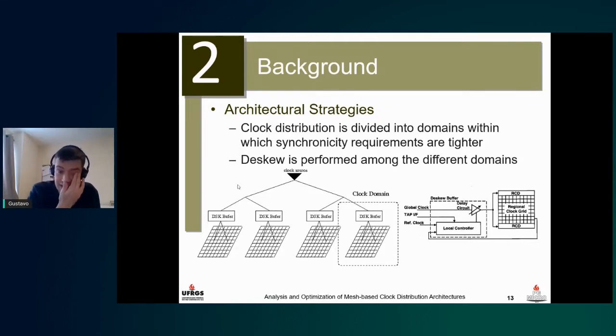So those techniques can actually be all combined together. And when we do that, we usually break down the clock distribution network into different stages. At a higher level, we have the global clock distribution that would contain some carefully designed clock tree that tends to be very robust to noise, and will deliver the clock to each one of the blocks in our design. Inside each one of our blocks, our IPs, we might have a local clock distribution that may be either a clock tree, or a clock tree plus a clock mesh, or a clock tree plus a clock spine.